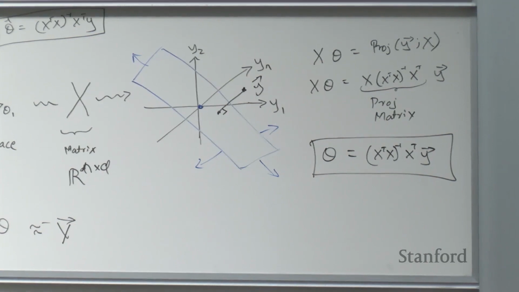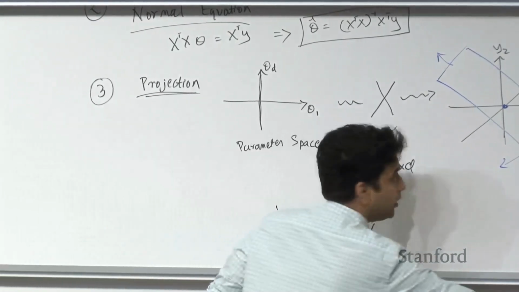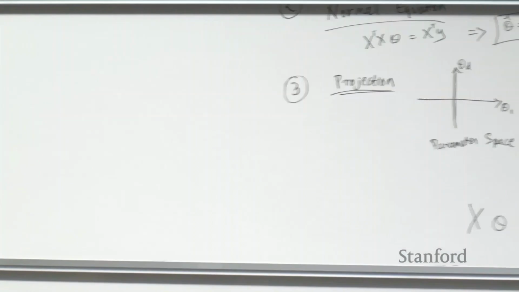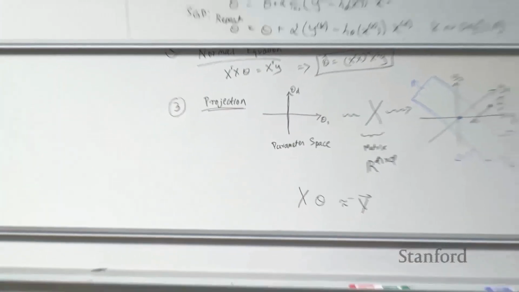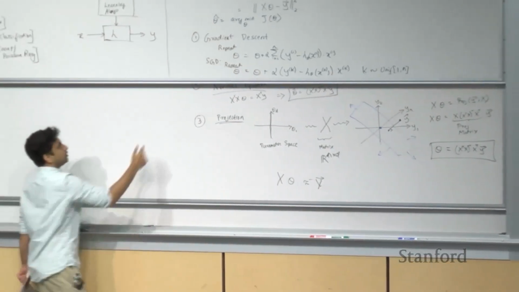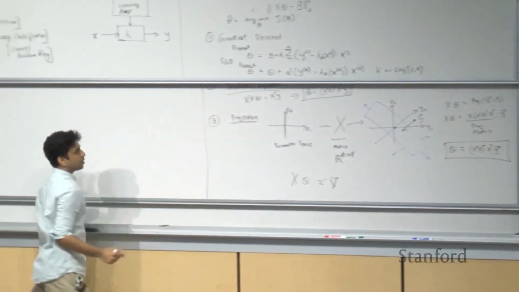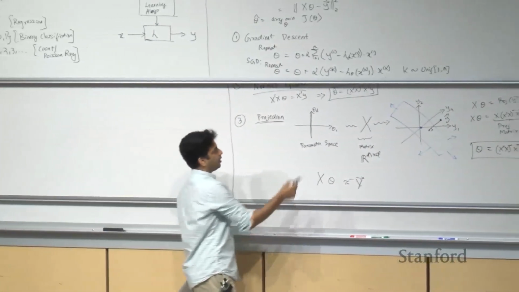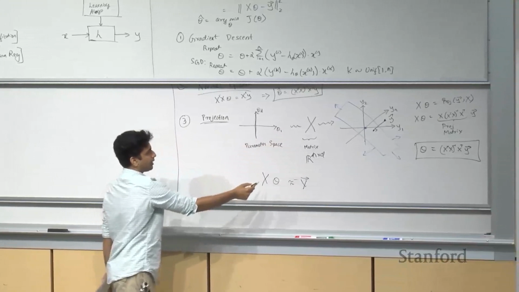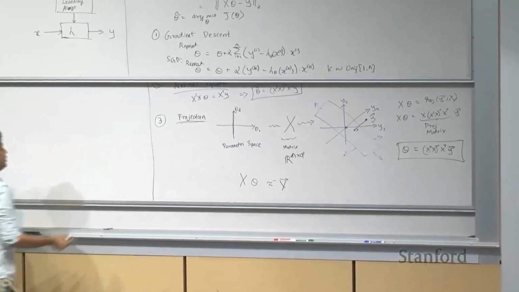And finally, we also went over the probabilistic interpretation of linear regression. In the probabilistic interpretation, we know that X theta will never exactly equal y with this linear form.